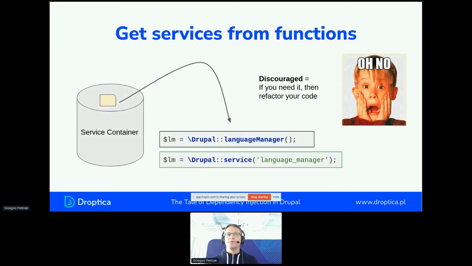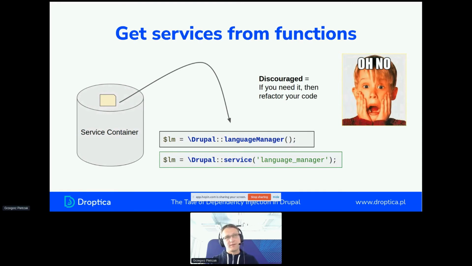If you have too much of such code in your functions in your module files, you probably have to move the code to the classes or create some custom service. It's a sign of not really great code.